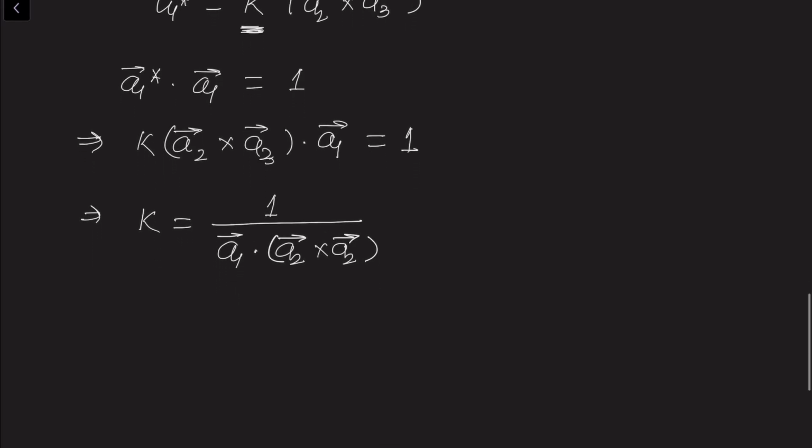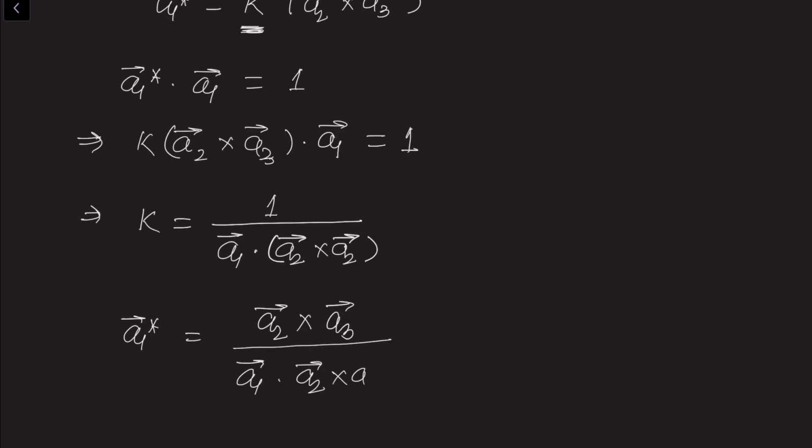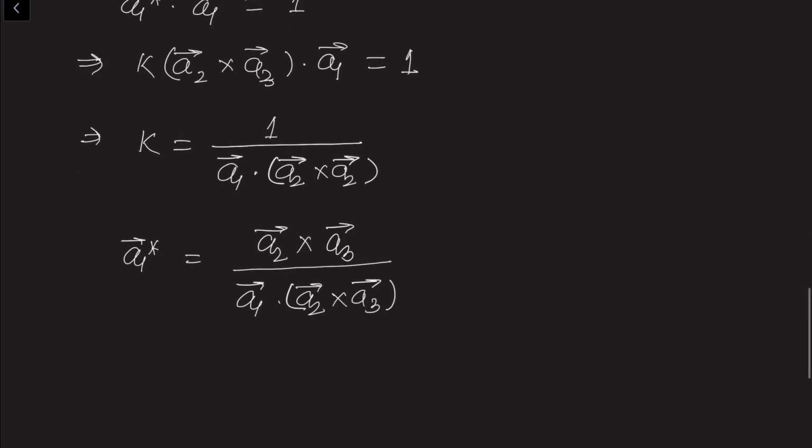So if I substitute this value of k, I now determine A1 star as A2 cross A3 by A1 dot A2 cross A3. So I have actually solved for A1 star, the first reciprocal lattice vector, in terms of the three real lattice vectors, A1, A2 and A3.